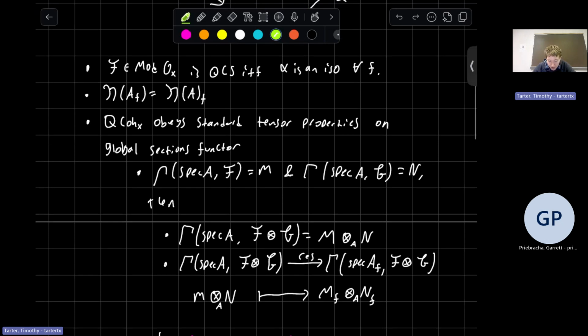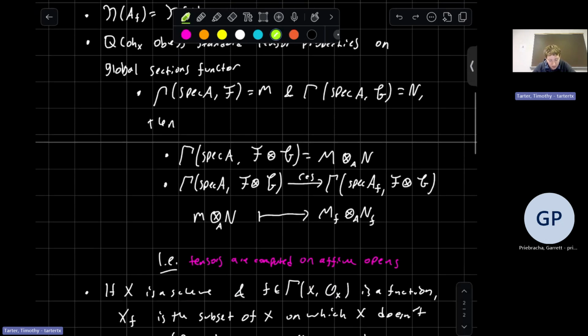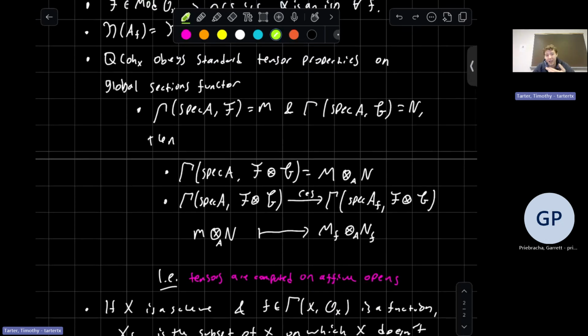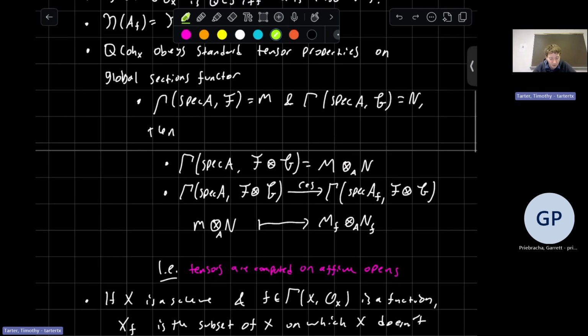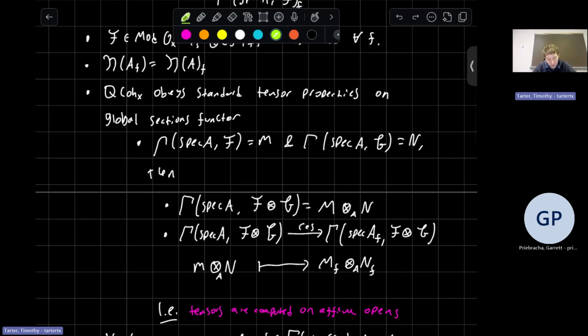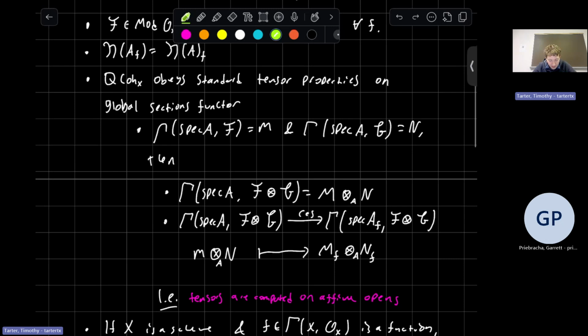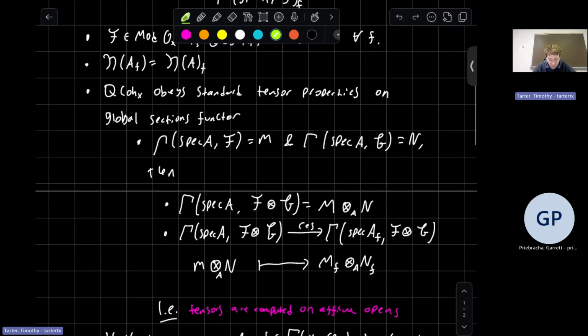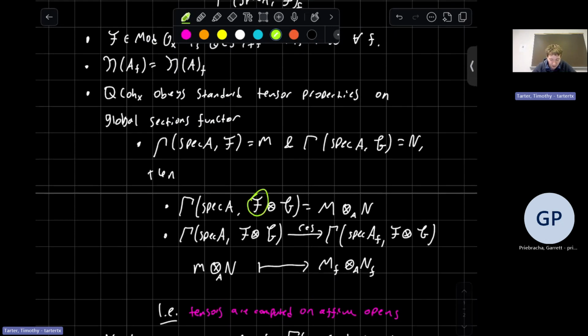Quasi-coherent sheaves obey standard tensor properties with the global sections functor. So basically, if you have your global sections functor giving you a section M and a section N, respectively, for two quasi-coherent sheaves F and G, I guess I didn't write that down, I probably should have.